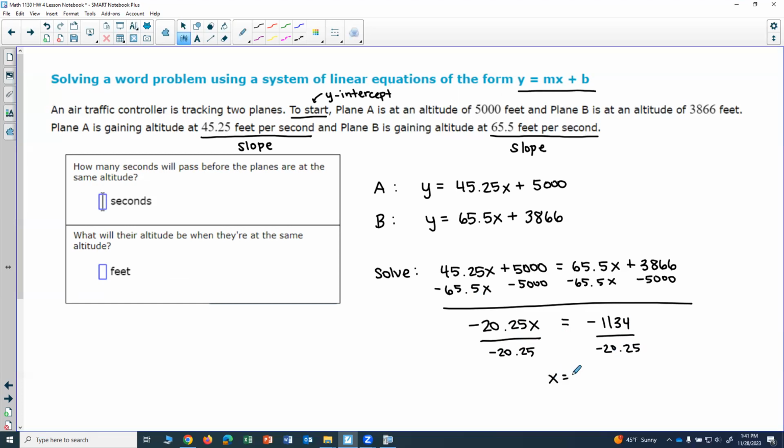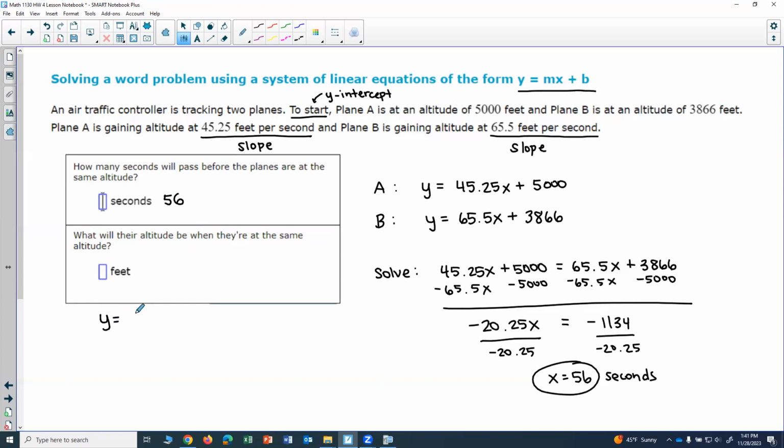And I get x equals 56. X is representing the seconds. So this will be 56 seconds for the first part. And then what will the altitude be?